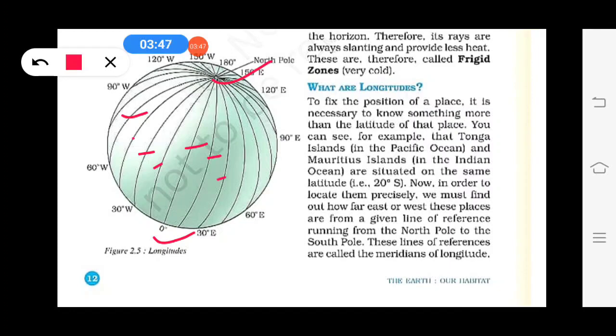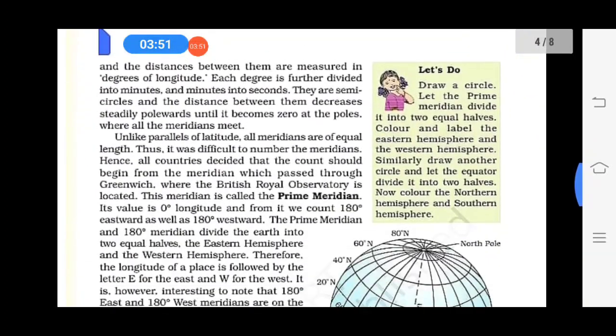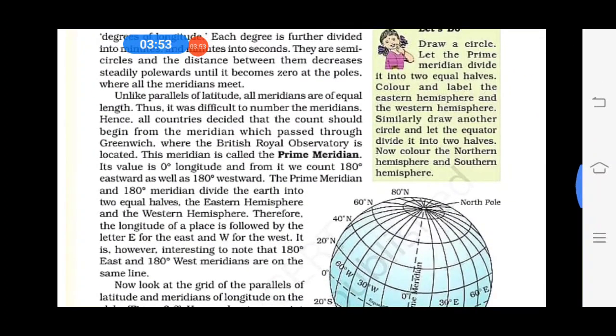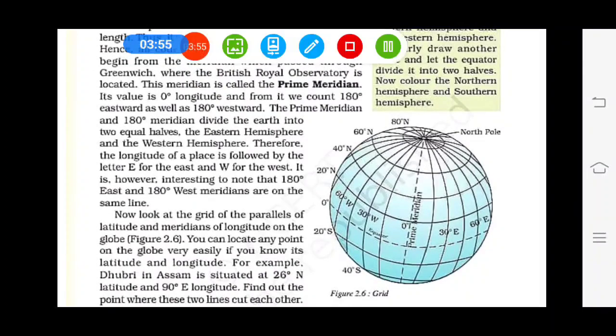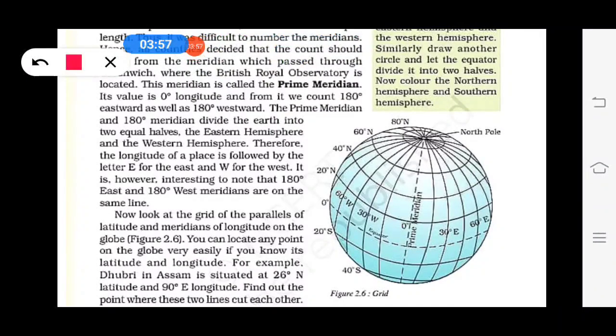Now, what is prime meridian? Look at this dotted line. The prime meridian is the imaginary line used to indicate 0 degree longitude that passes through Greenwich. It is also known as Greenwich meridian.